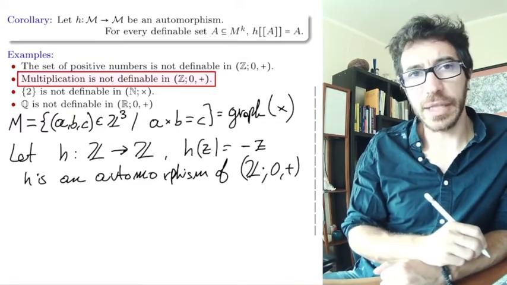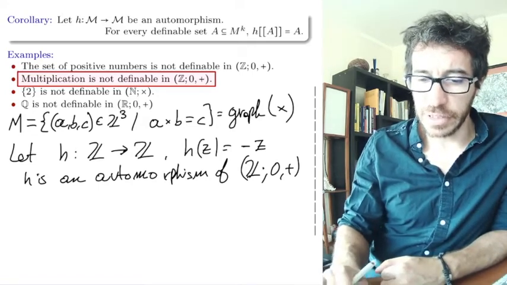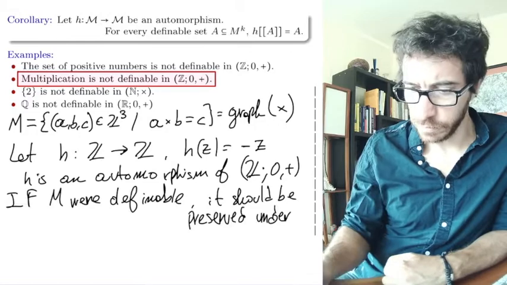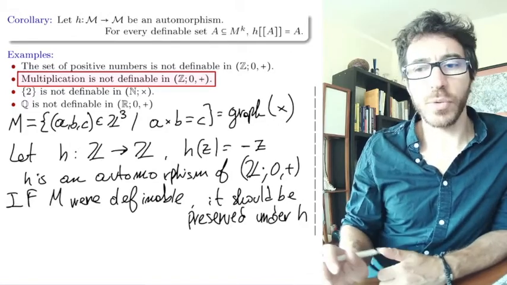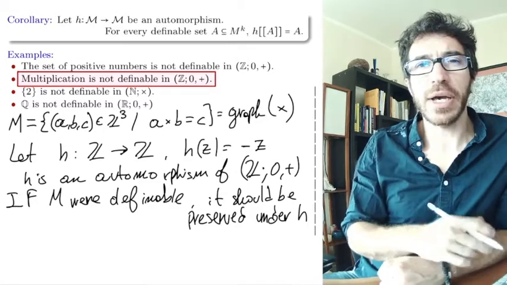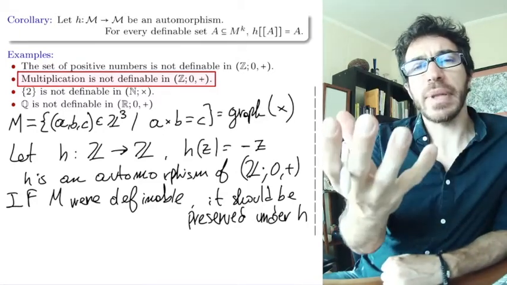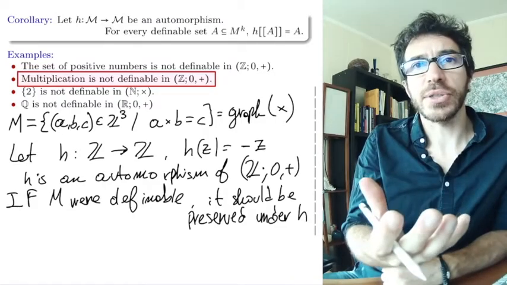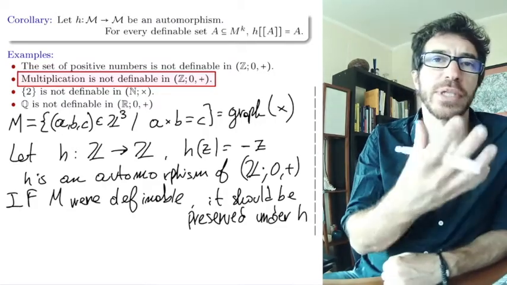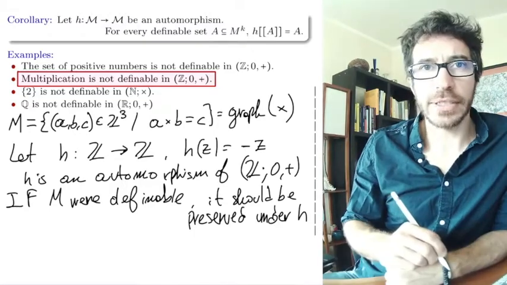That means that if M was definable, it should be preserved under H. So how do we show that something is not preserved under H? We need to find a tuple that belongs to M, and that when we apply H, stops belonging to M, or the other way around. What tuple are we going to choose?